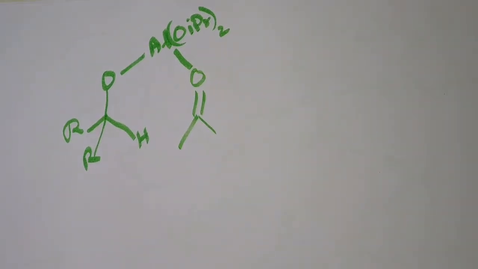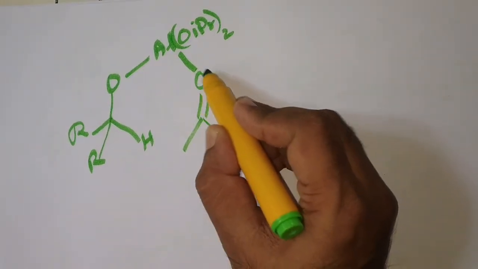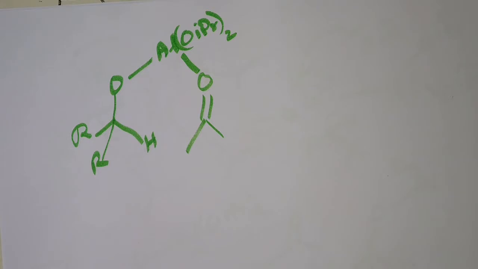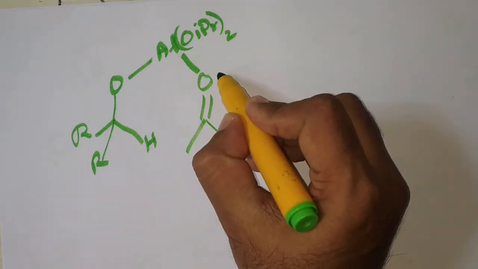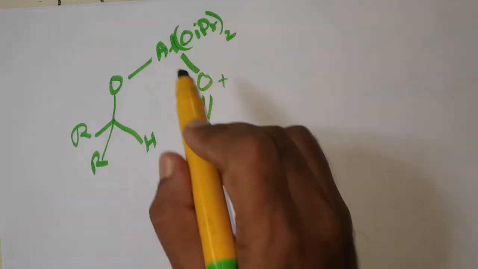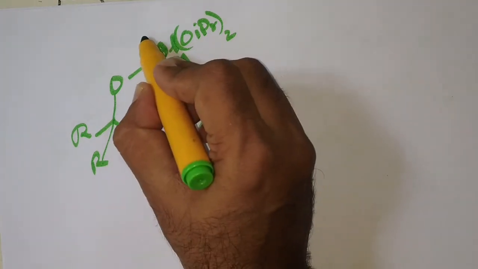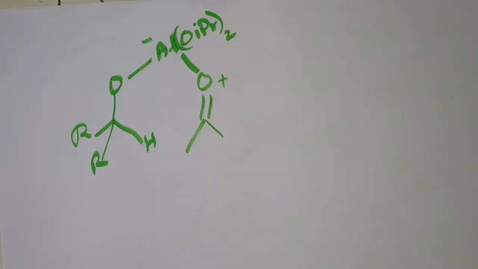We didn't assign the formal charges yet. So in this ketone, this oxygen lost one of its electrons. Now oxygen will have a positive charge. How about aluminum? Aluminum gained an electron because it got one electron through this bond. So aluminum will have a negative charge. So this is called an ate complex.